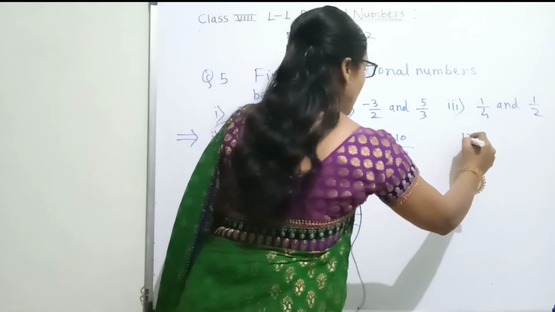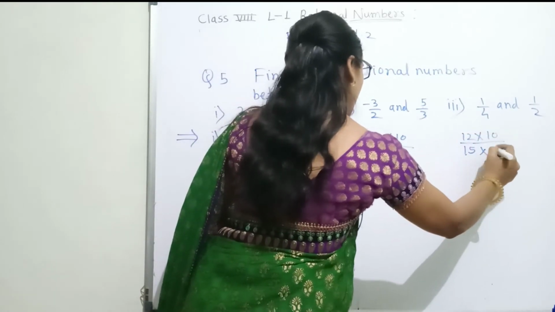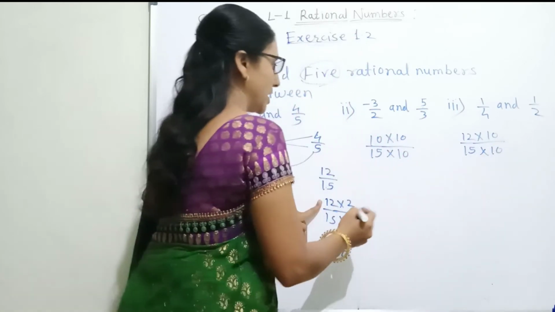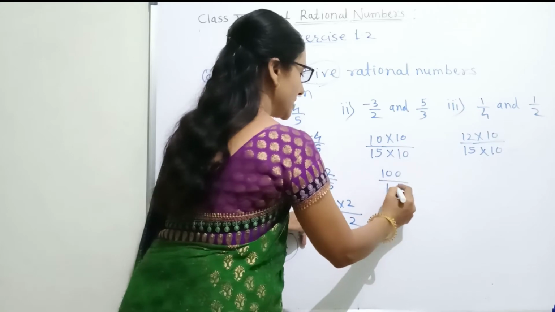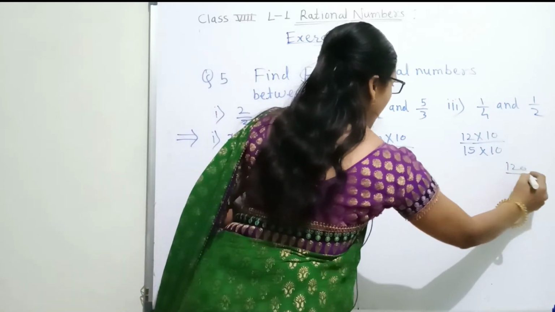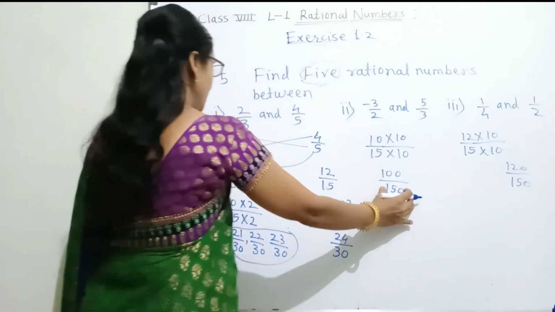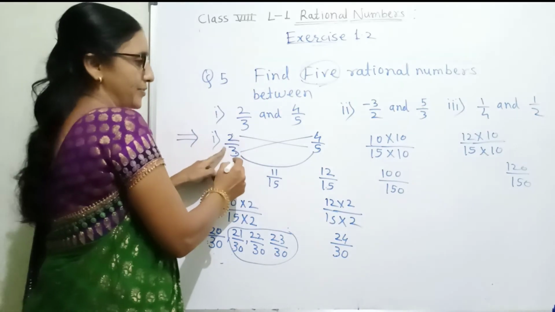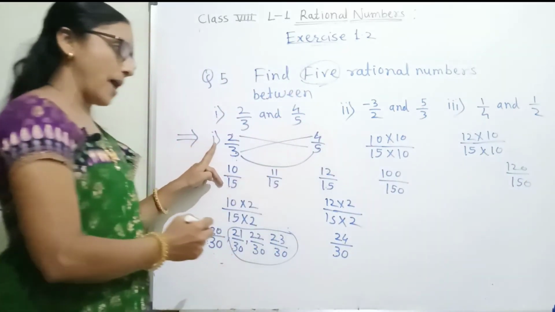And 12 by 15, numerator is multiplied by 10 and denominator is also multiplied by 10. Now 10 tens are 100 and 15 tens are 150. 12 tens are 120 and 15 tens are 150. 100 by 150 is equivalent to 2 by 3. 120 by 150 is equivalent to 4 by 5.